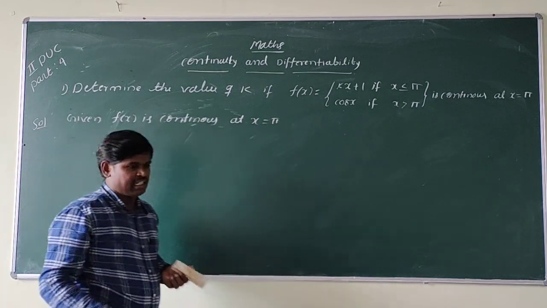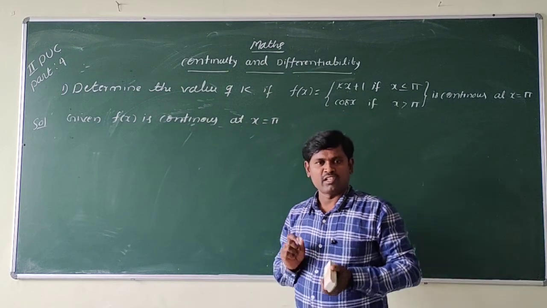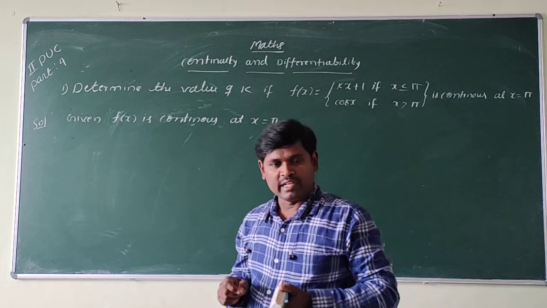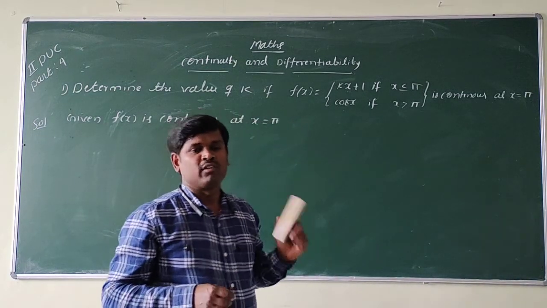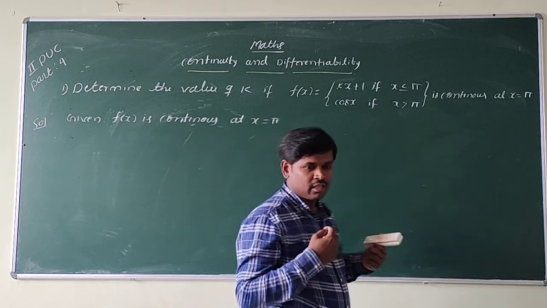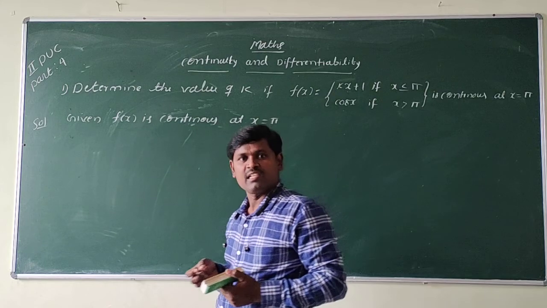The given function is continuous if left hand limit is equal to right hand limit and is equal to the value of the function.